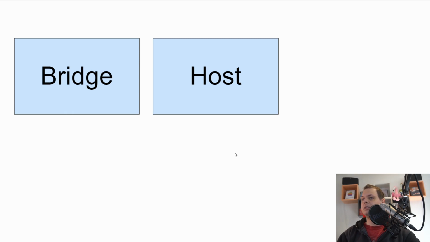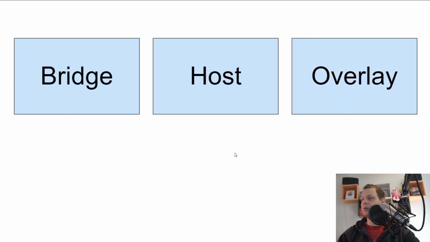Now we want to speak about overlay. The overlay driver is an overlay network. The idea with this is to connect multiple Docker daemons together and enable Swarm services to communicate with each other. That means you can use an overlay network to communicate between Swarm services and standalone containers, or between multiple Docker daemons. It's a little bit more advanced.